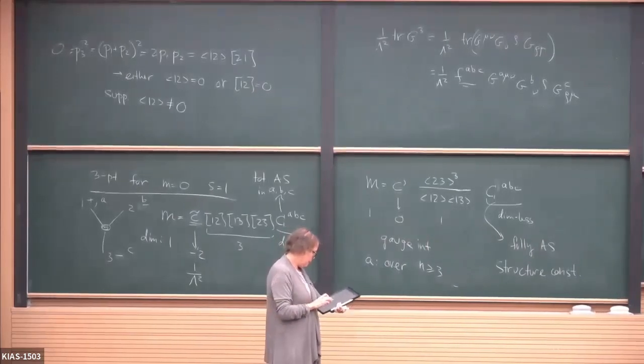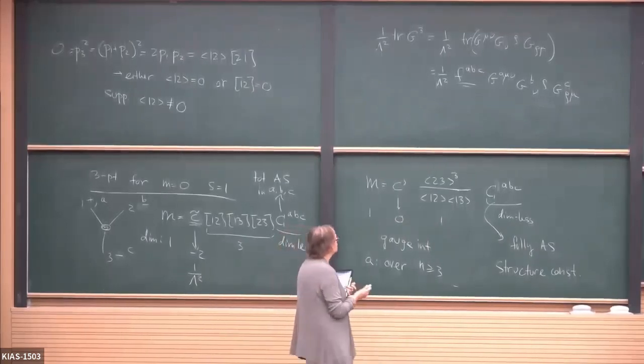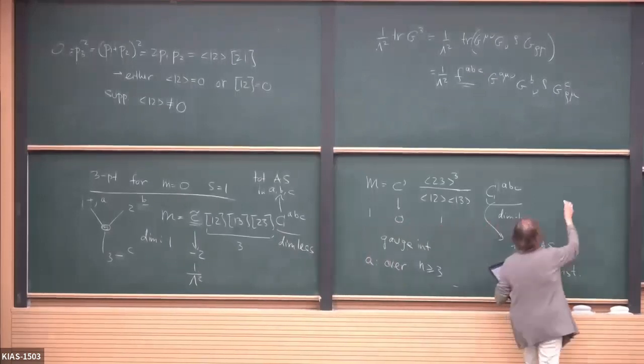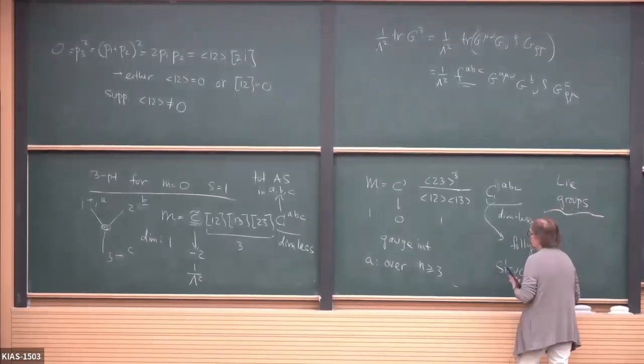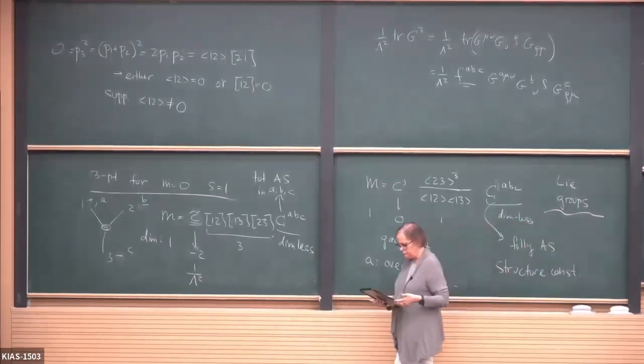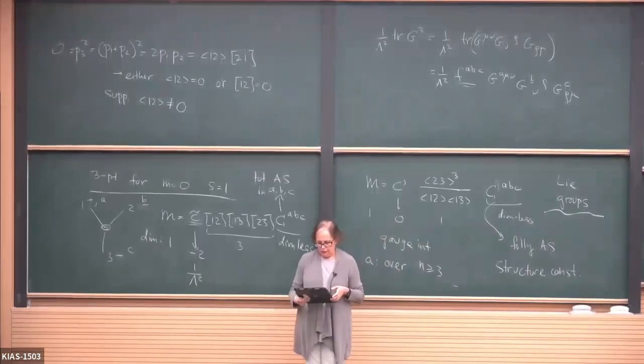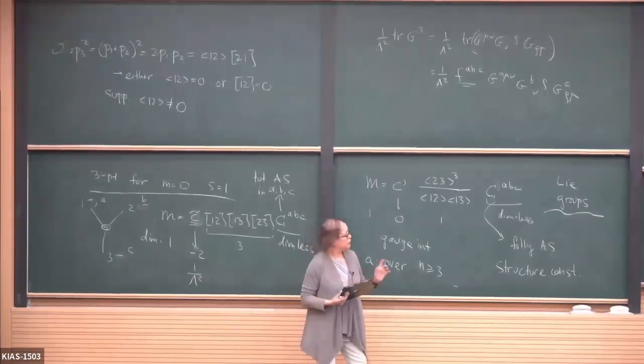So that's what we said we will see, and we're really starting to see here the structure of Lie groups at the level of the 3 points. A few more comments about this.